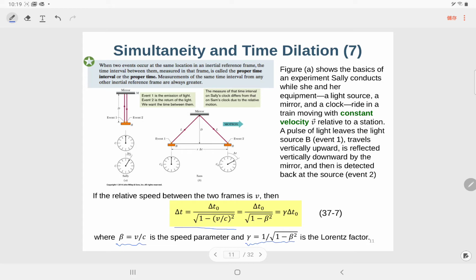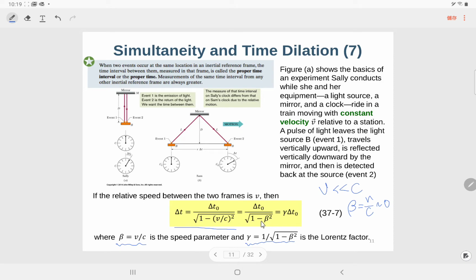So you can imagine if v is very small, much smaller than the speed of light, which means that beta equals v over c would be close to zero. So this term disappears.